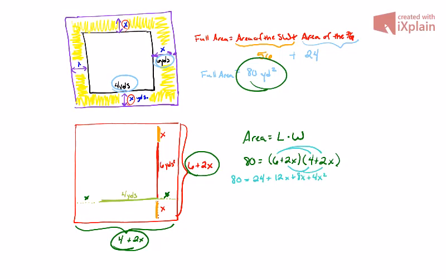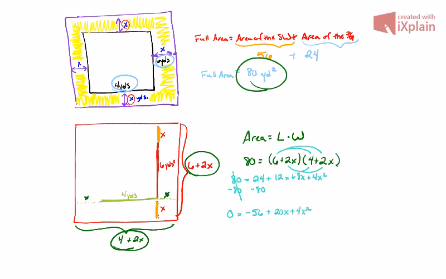And now we can subtract 80 from both sides. This gives us 0 is equal to, let's see here, 24 minus 80, we get negative 56 plus 20x plus 4x squared.